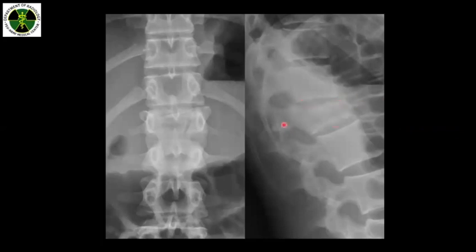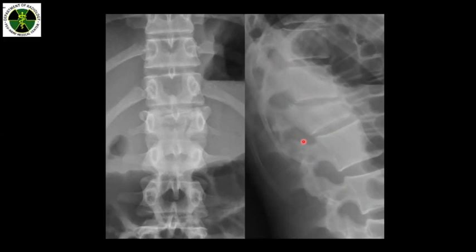So this is a burst fracture. These are the normal vertebrae, and as you can see, there is wedging with displacement of this vertebra in comparison to the other vertebrae. So it is posteriorly dislocated.